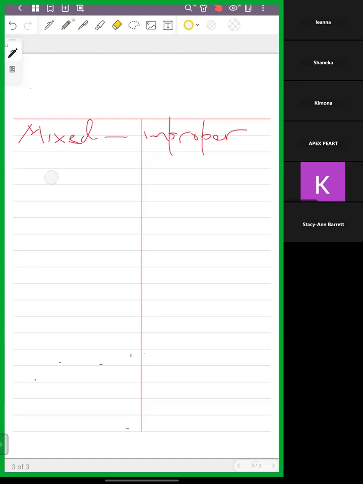So a mixed number would be something like 1 and a half, or 2 and 2/3, or 3 and 4/5.